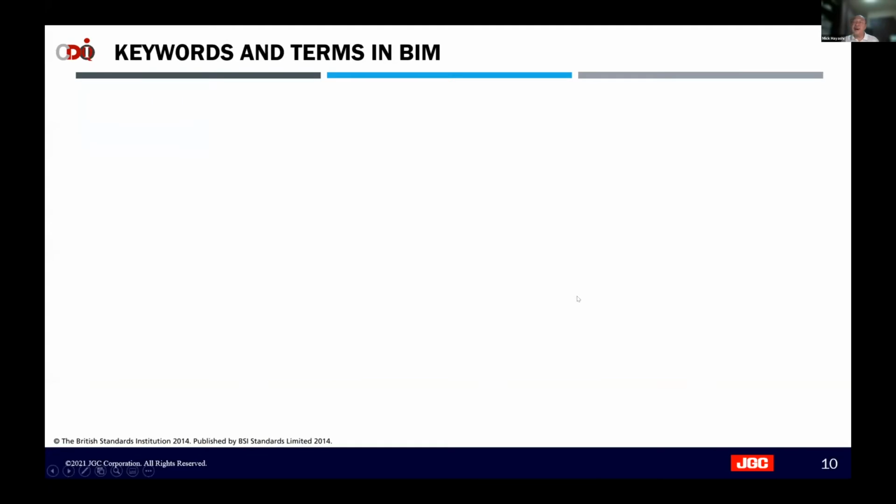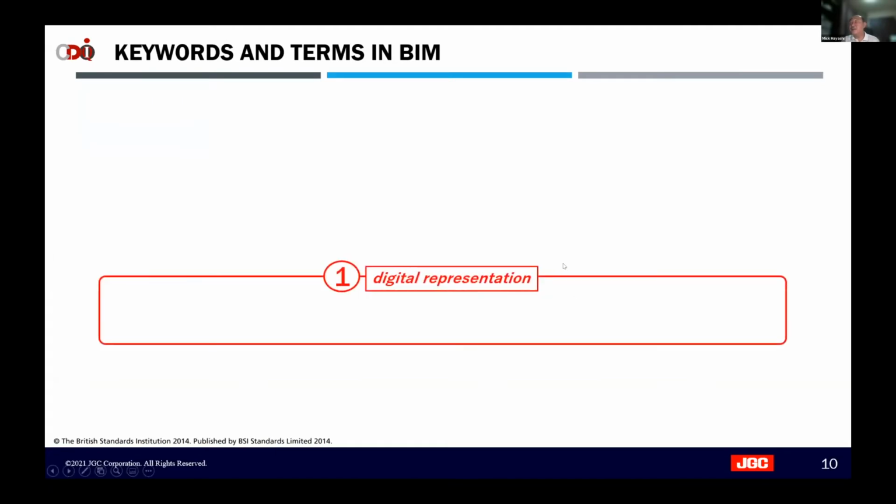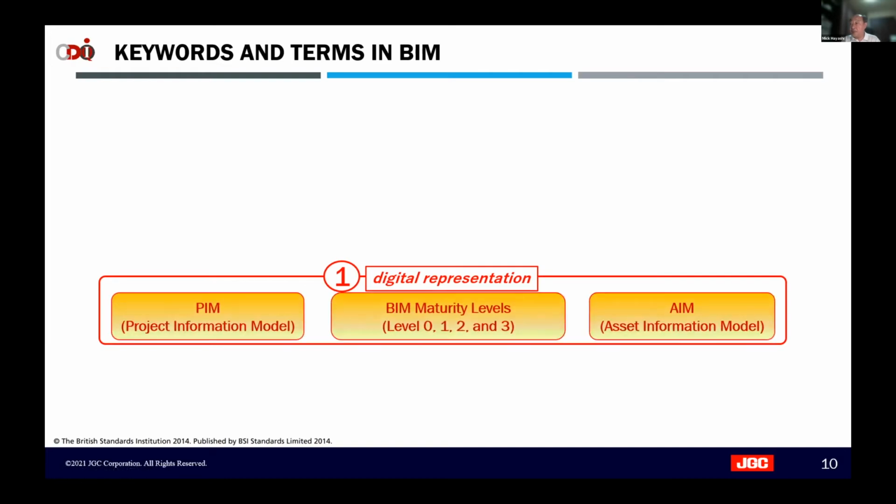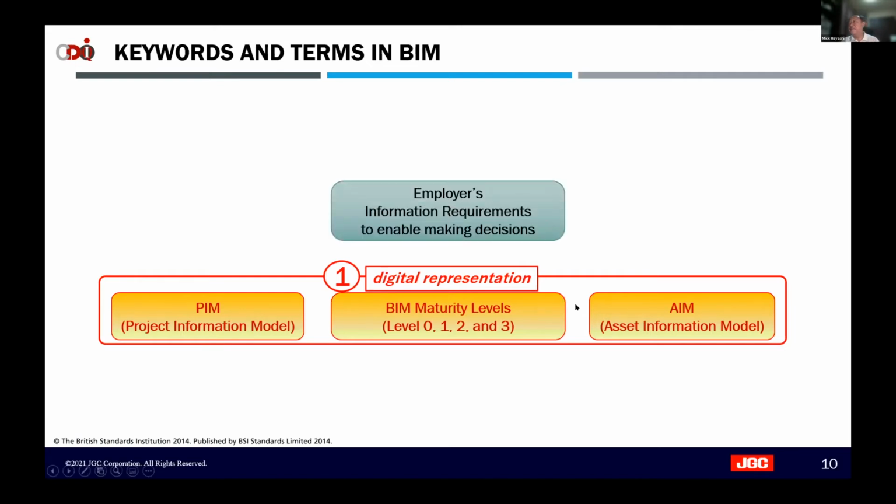Okay, now I picked up a few keywords and terms in the previous definition. I repeat that again. First, BIM is a digital representation, right, for project information model and asset information model. And then how much information it should contain is dependent on the maturity level from level 0, 1, 2, and 3.